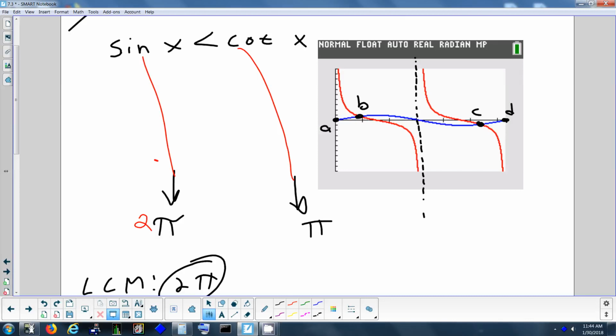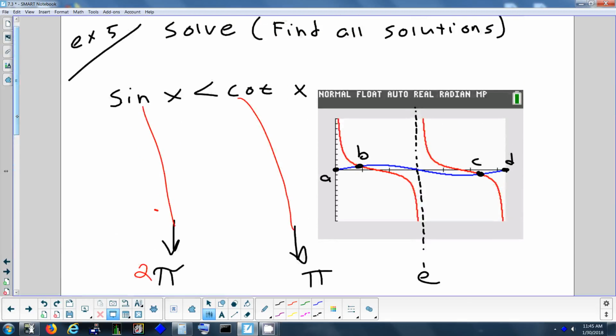Before that vertical asymptote, the blue graph is above the red one. After that vertical asymptote, the blue graph is below. So you have to remember there's a vertical asymptote there. Let's call that point E, where the asymptote is. Between A and B, that's the first interval where the blue graph is below the red one. Any question on that? Between A and B, just look at it. The blue graph is under the red one.